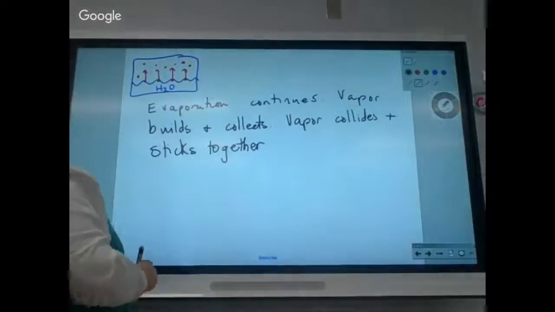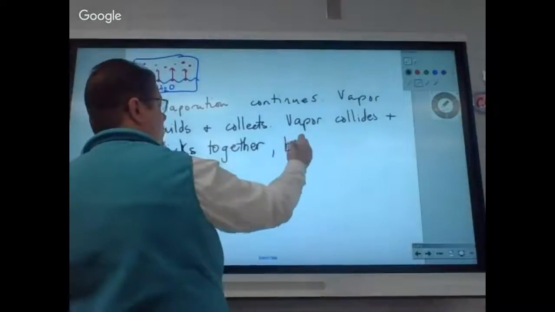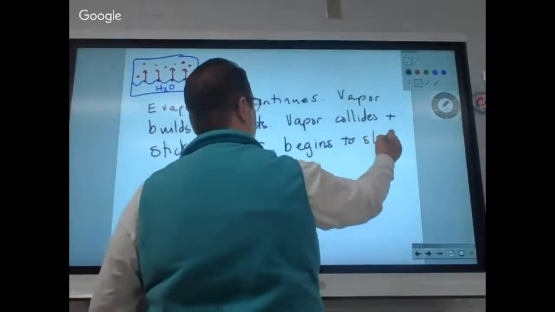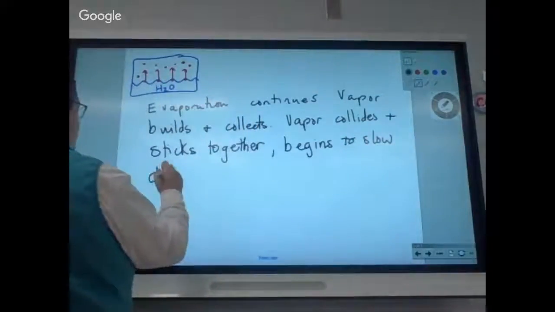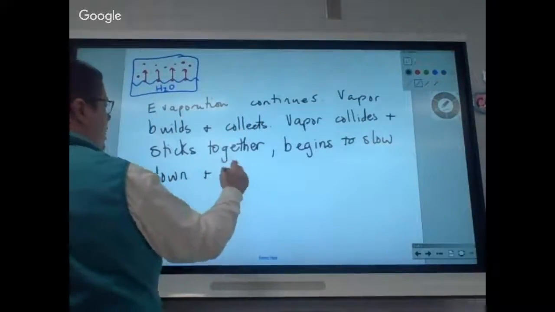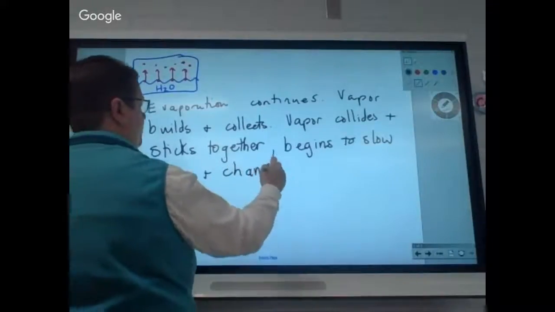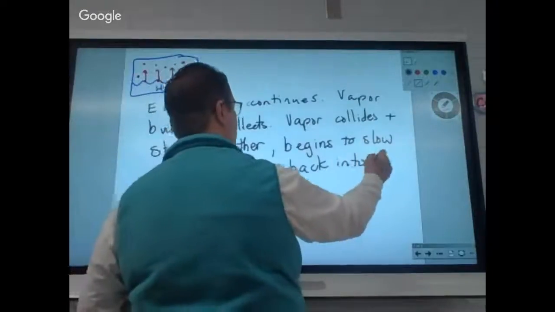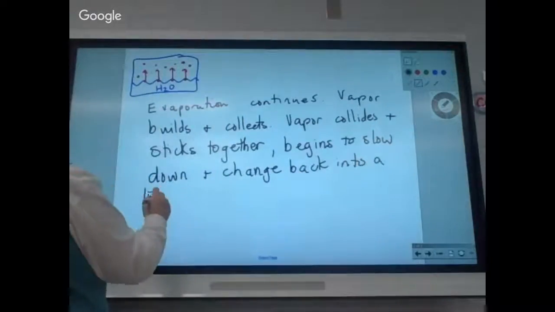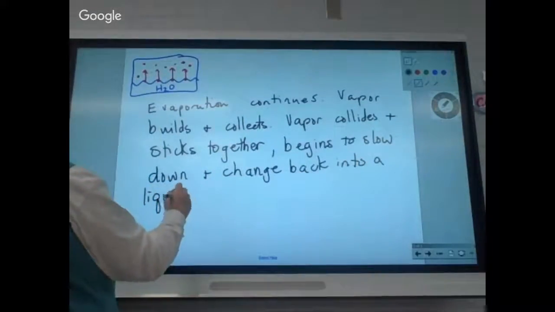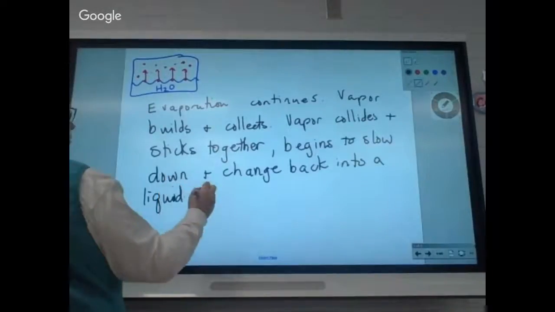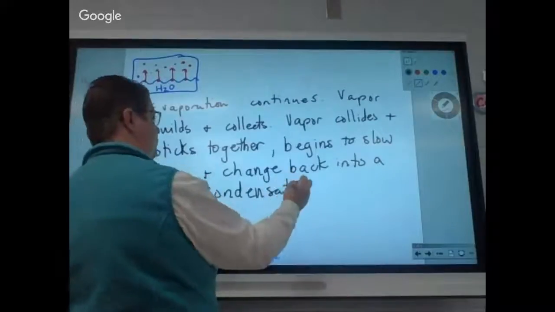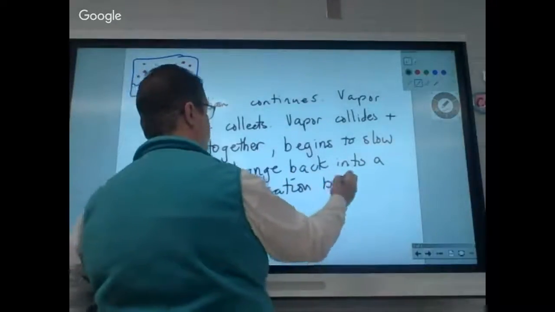Now, as it sticks together, it begins to slow down and change back into a liquid. Condensation begins.